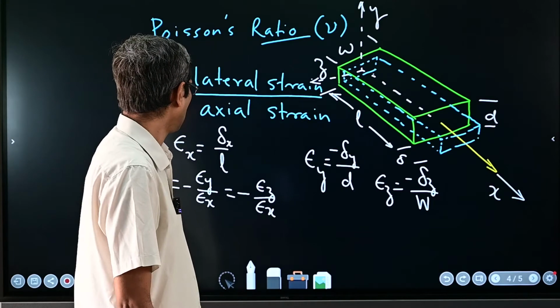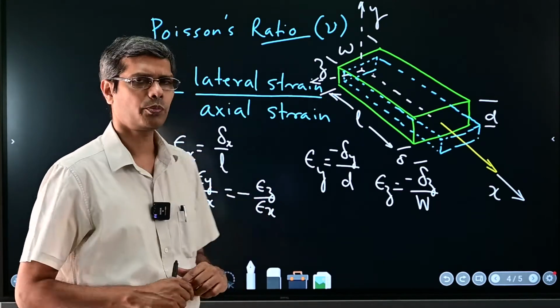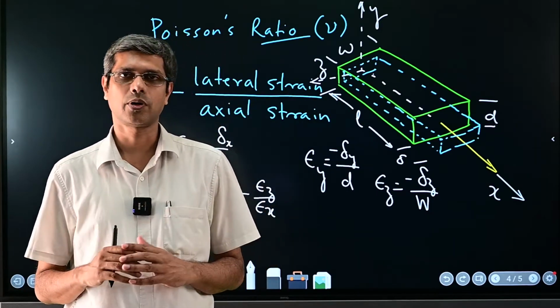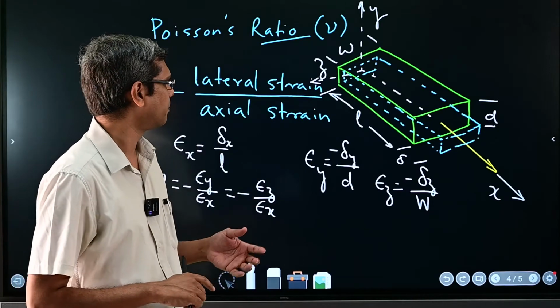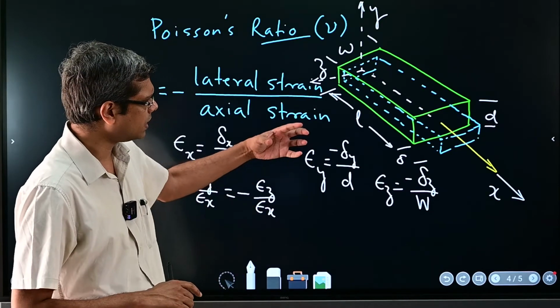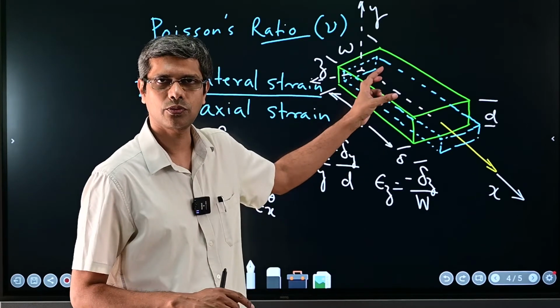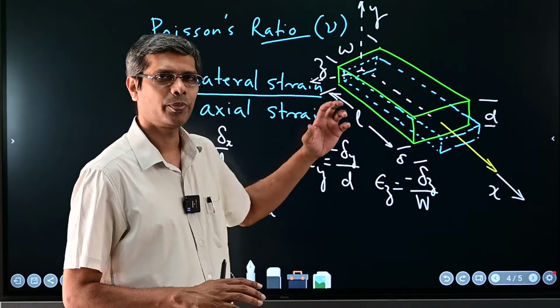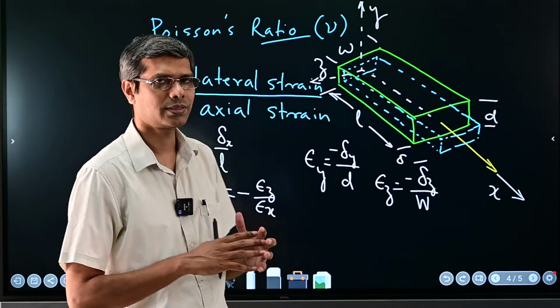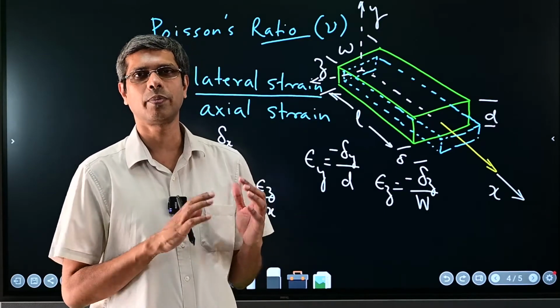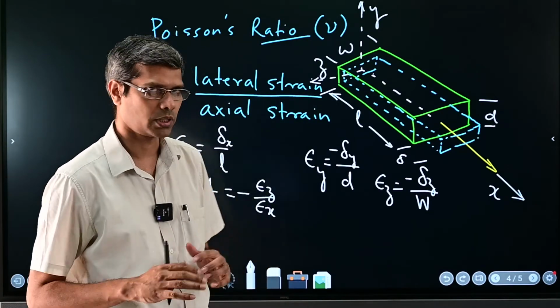Now here one point comes up which is very important to notice, that it doesn't depend which direction we call as x, which we call y or z, the Poisson's ratio will be the same. At least it's assumed for the materials which we will be dealing with in this subject.